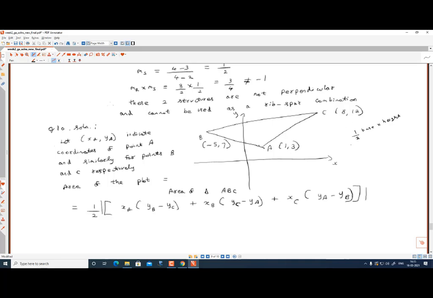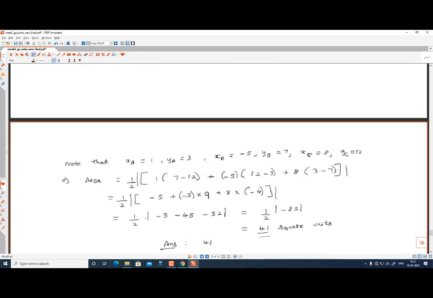This formula is reduced to this form so that we can calculate the area from the given coordinates of the three vertices of the triangle. This comes out to be XA times (YB minus YC) plus XB times (YC minus YA) plus XC times (YA minus YB), the modulus of this whole thing divided by 2.